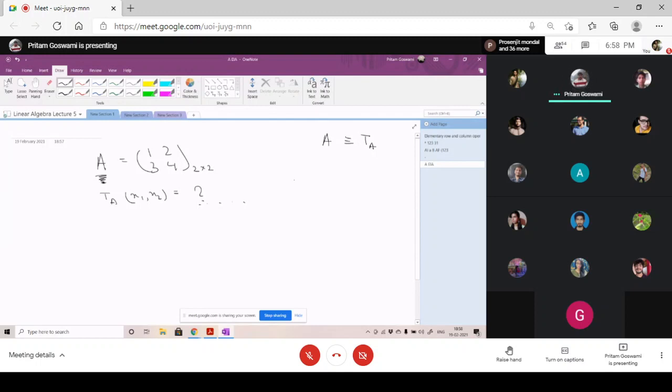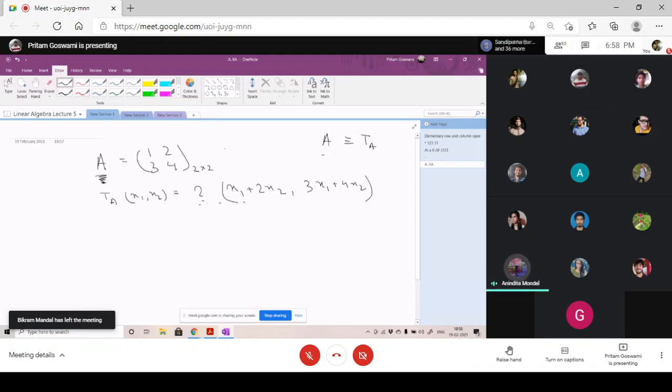It will be x1 plus 2x2, comma 3x1 plus 4x2. How do you get it?